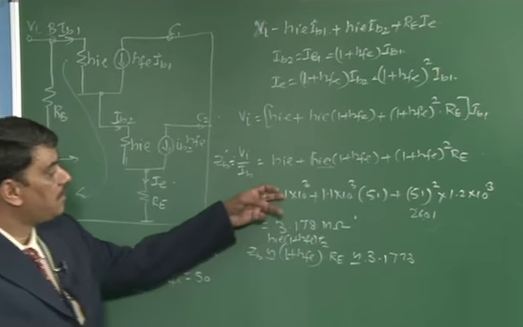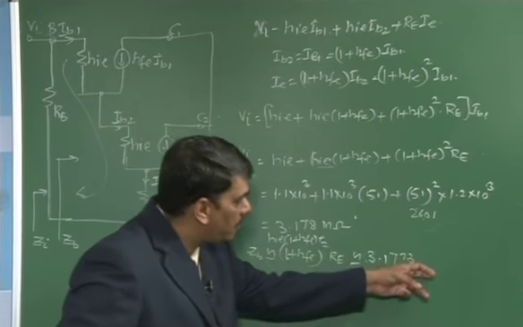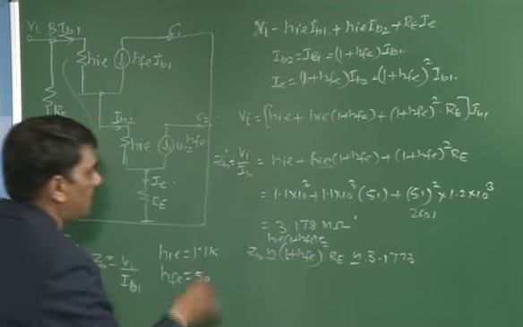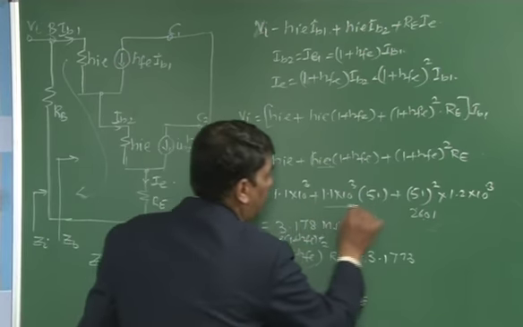Even if we neglect the other terms, the input impedance changes only in the fourth decimal point. Therefore, the approximate input impedance is given by this expression.